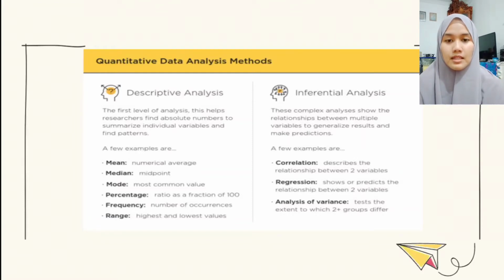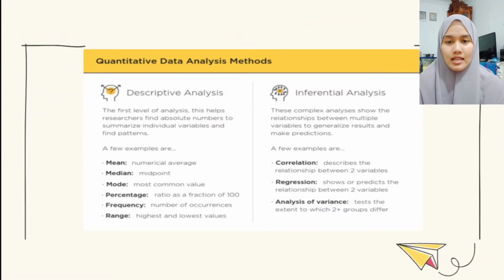A few commonly used descriptive statistics are: Mean, the numerical average of a set of values. Median, the midpoint of a set of numerical values. Mode, the most common value among a set of values.